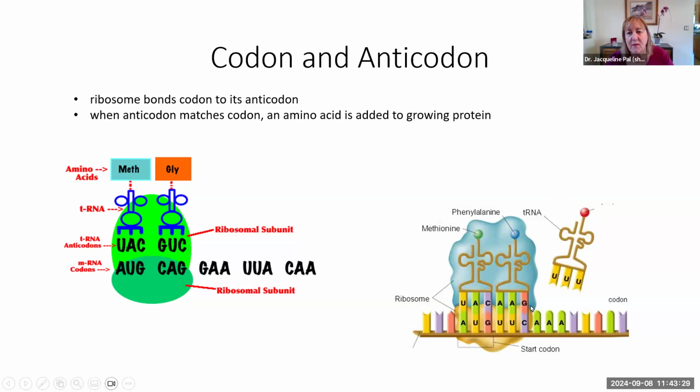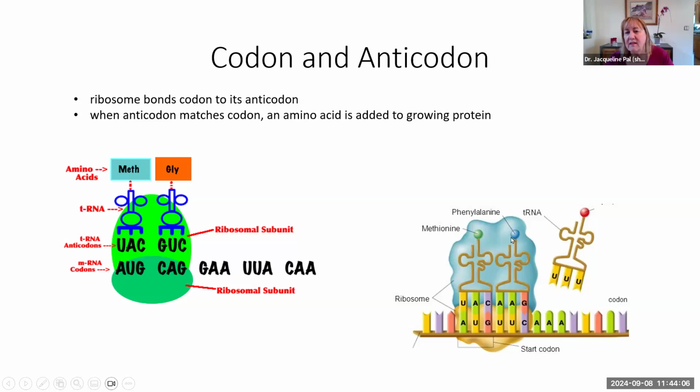Here's the incoming transfer RNA carrying the amino acids. As you recall, we had our start codon of AUG. So we have a transfer RNA with the anticodon of UAC, bringing the amino acid methionine.